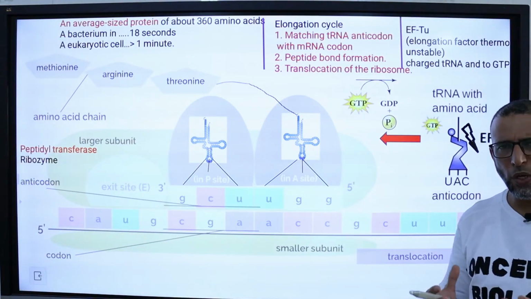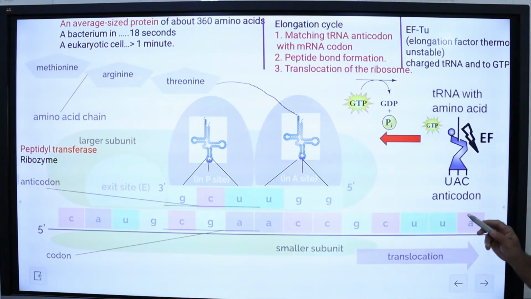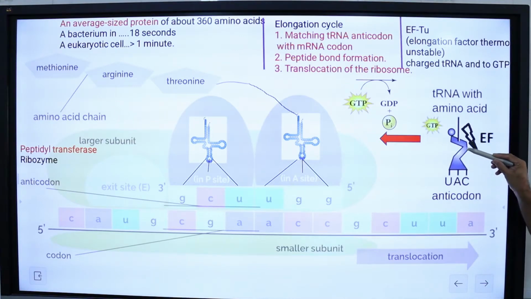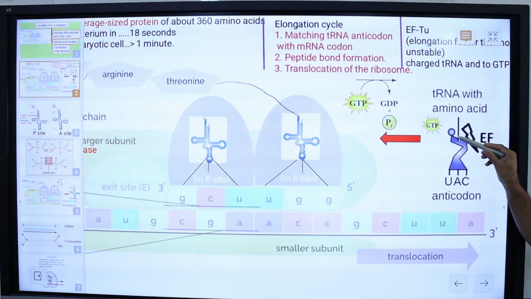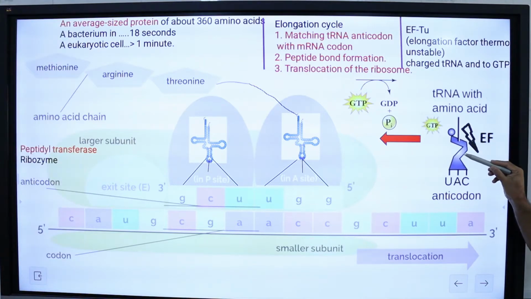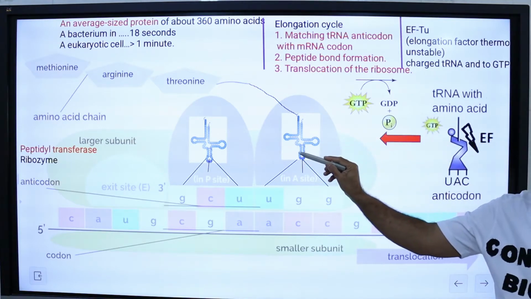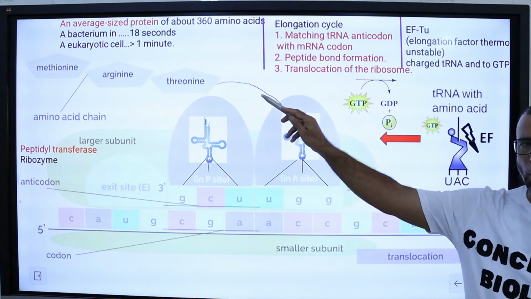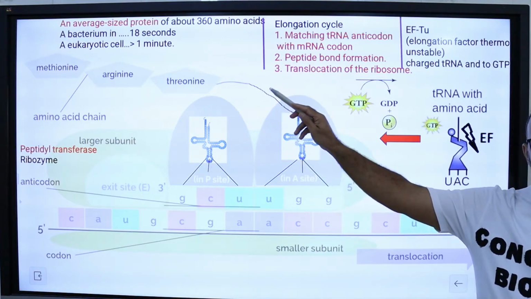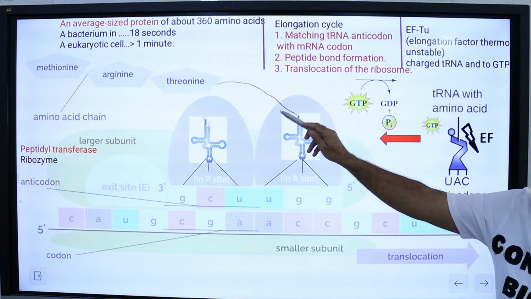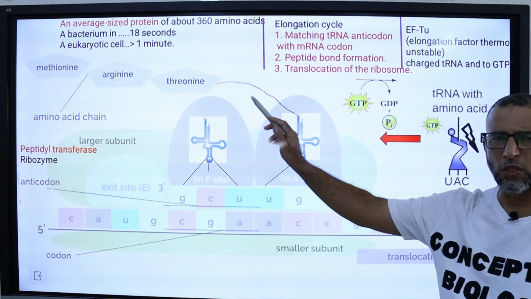What is aminoacyl-tRNA? Aminoacyl-tRNA is tRNA which is associated with an amino acid, and aminoacyl-tRNA is charged tRNA. Along with particular elongation factors, it delivers the amino acid to the ribosome for incorporation into the polypeptide chain, and this polypeptide chain is produced during the process of translation.